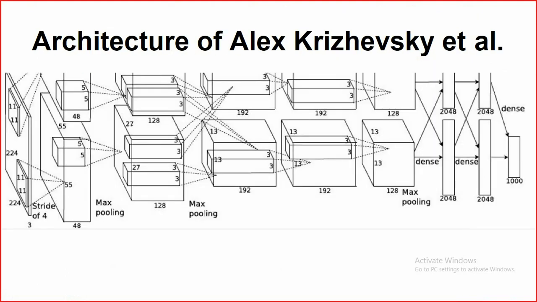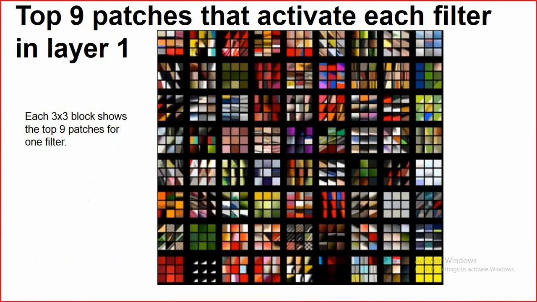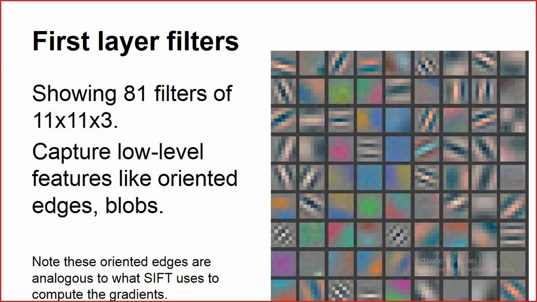Let me first find something about this part. Okay, here. This is the feature visualization of the first layer of one CNN, which is trained on a very large dataset. As you can see, each of these is a filter, and the size of these filters is 11 by 11 by 3.